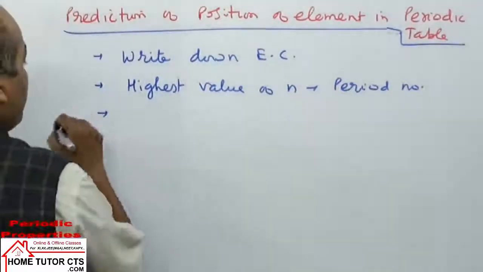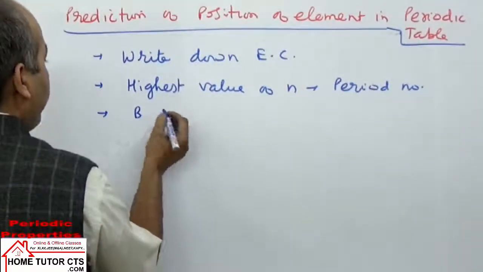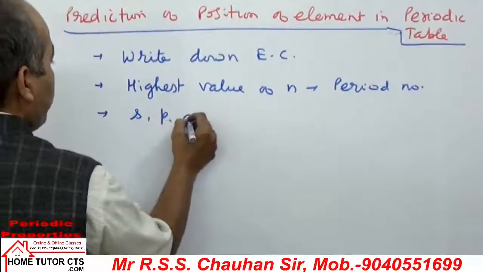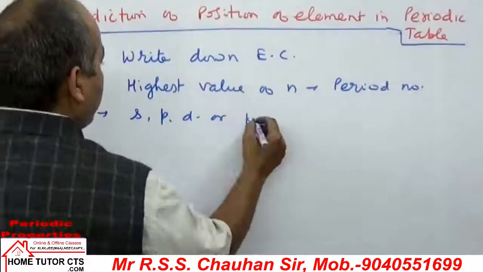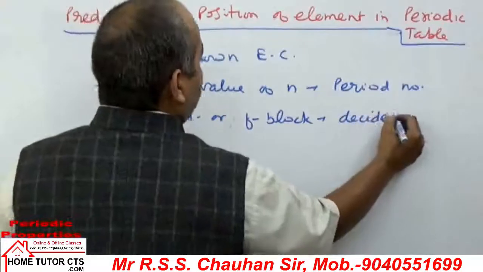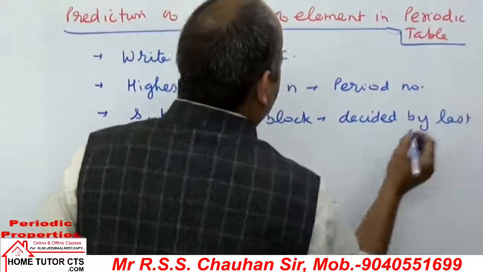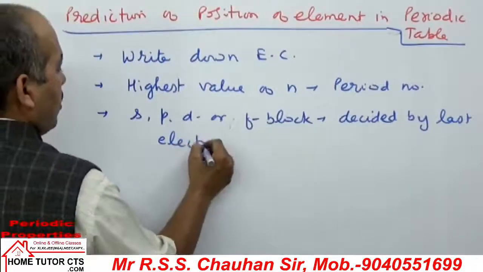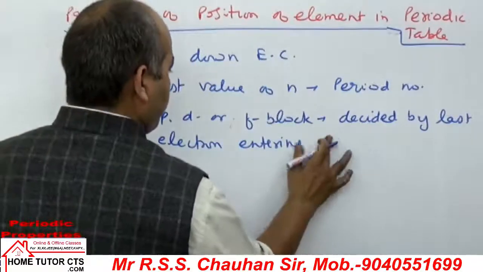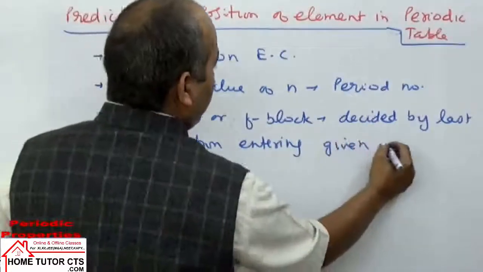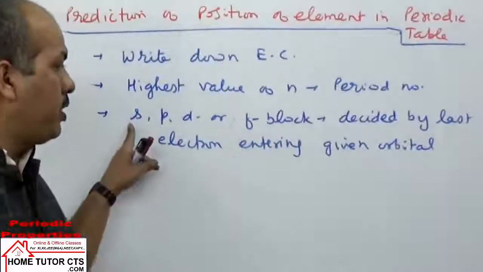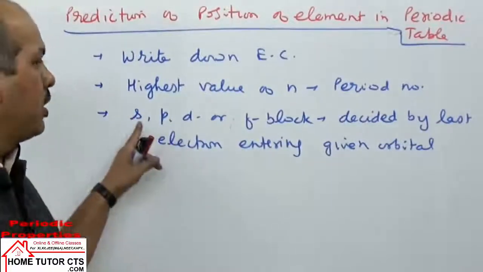Then we can decide the block by which orbital the last electron enters, whether s, p, d, or f block. If the last electron enters s orbitals, the element is s block, and so on.